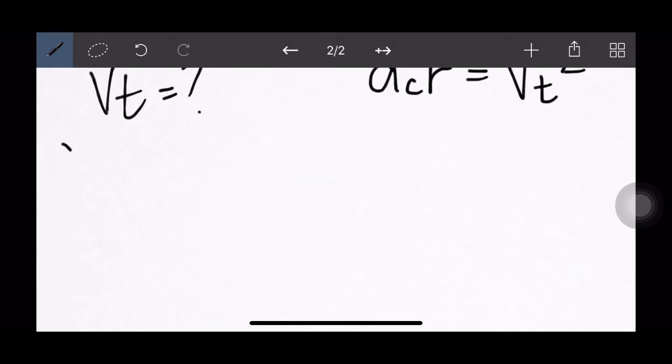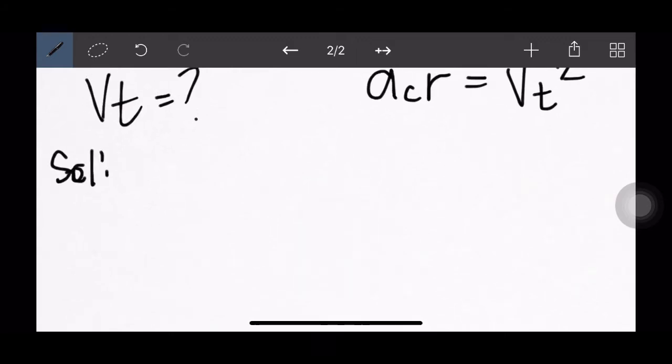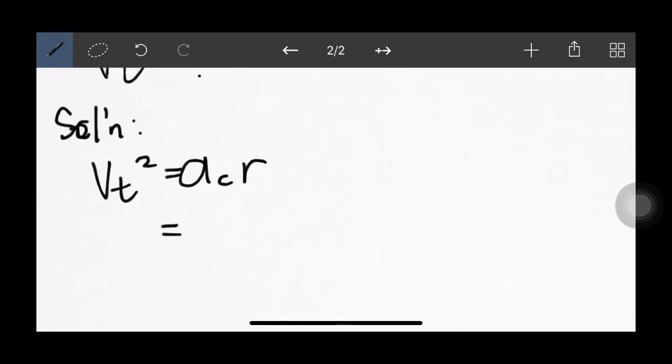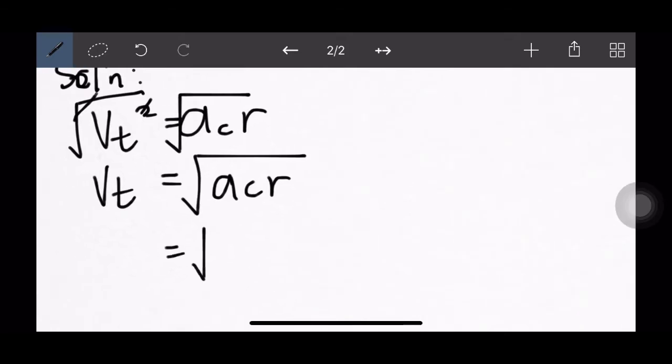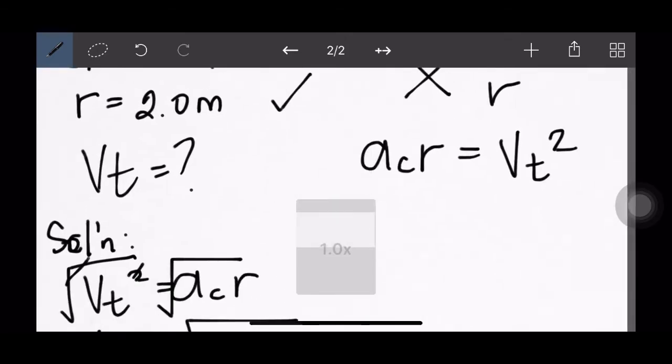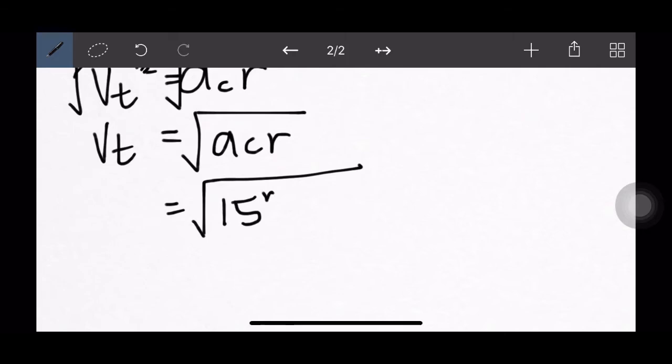So Vt squared equals AC r. To cancel out the square, we square root both sides. Vt is equal to the square root of AC multiplied by r, which is the square root of 15 meters per second squared times the radius of 2 meters.